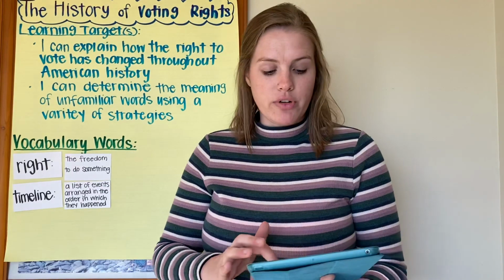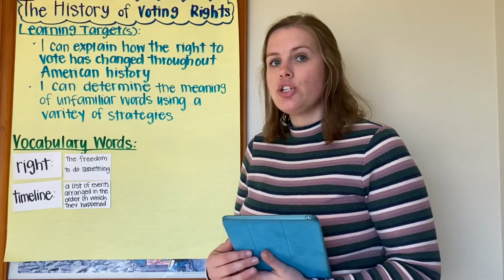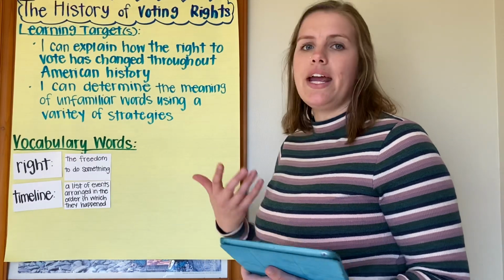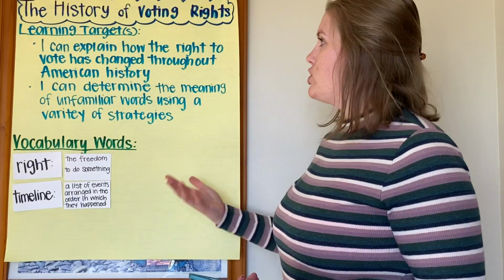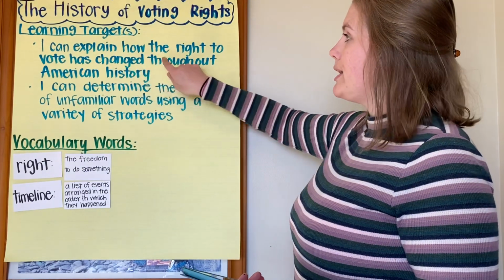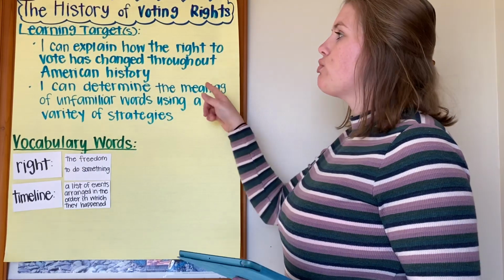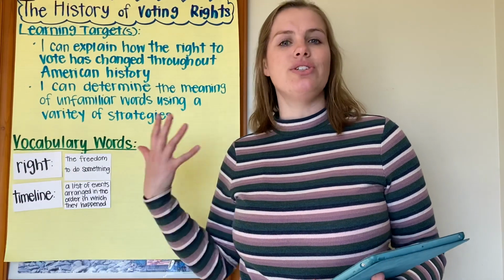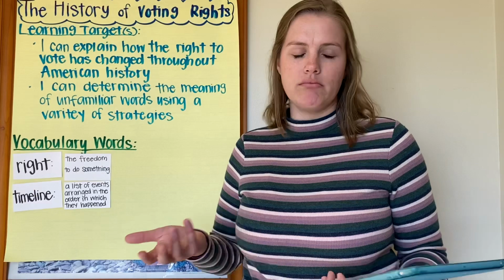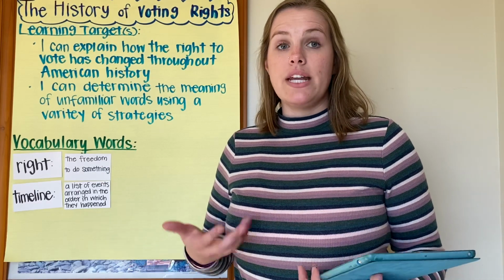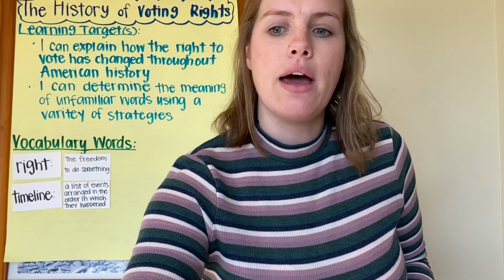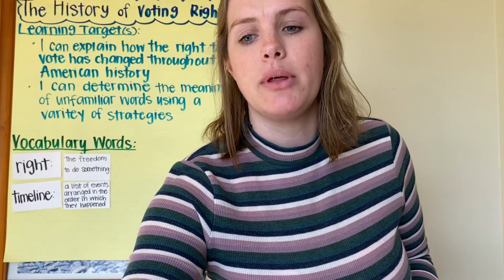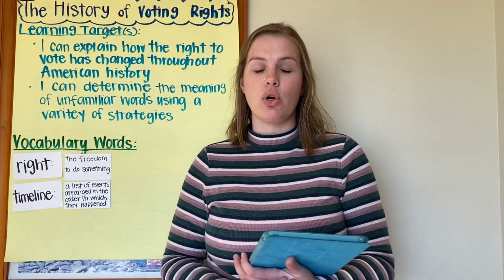Today, I want to remind us of our learning targets. So the learning target for part 1 and part 2 and the whole lesson really in general is that I can explain how the right to vote has changed throughout American history. Okay, so that is what you should be able to know or do by the end of this week's learning. Now, today we're also going to be looking at the vocabulary in the timeline because there were some more difficult words.